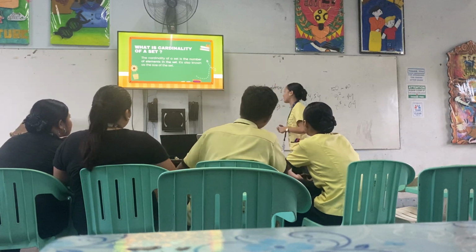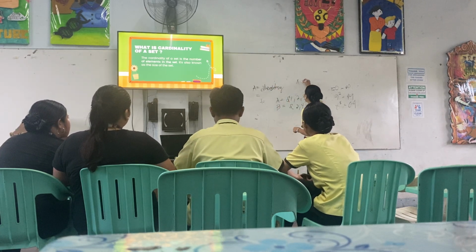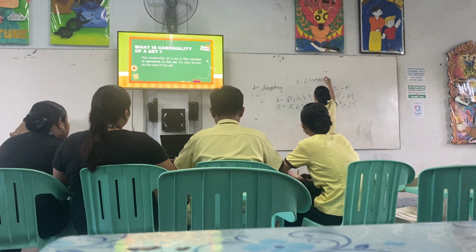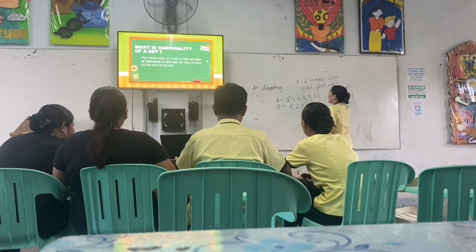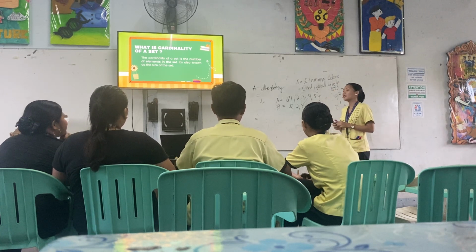For example, A is a set of primary colors. We have red, yellow, blue. So how many? 3.